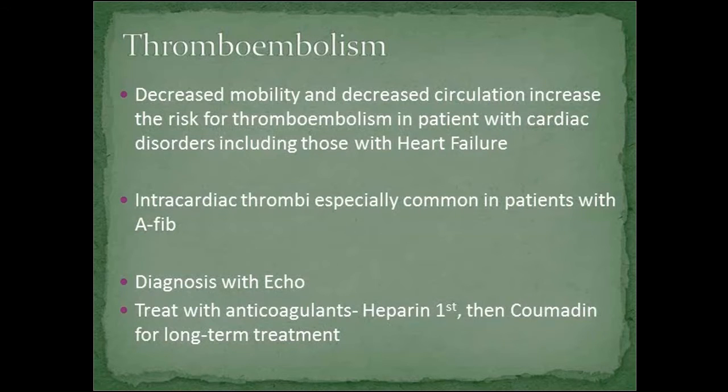Typically every 4 to 6 hours we're going to be checking that PTT to make sure that the blood is thin enough that we're therapeutic, meaning it's thin enough to dissolve the clot, but not so thin that the patient bleeds out. So initially they're going to be on IV heparin, and then we will switch them over to PO Coumadin after we get the clot dissolved or small enough. Then we'll put them on Coumadin for long-term maintenance therapy.